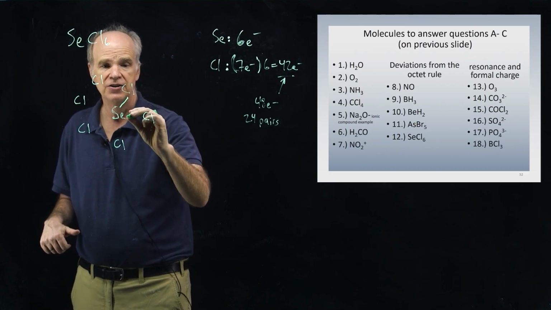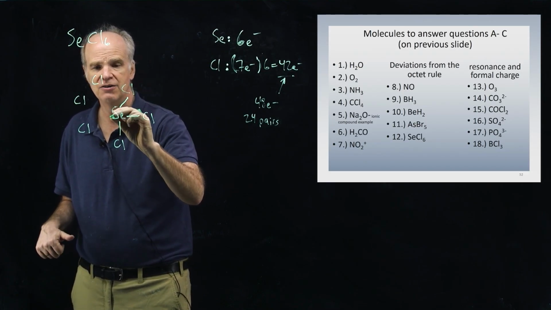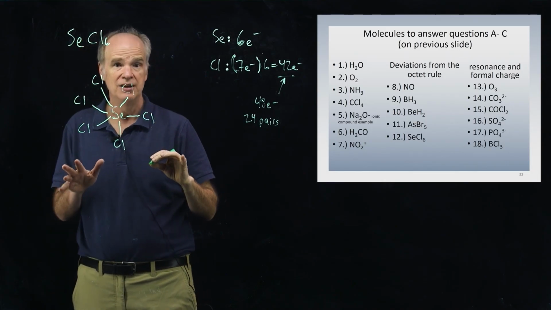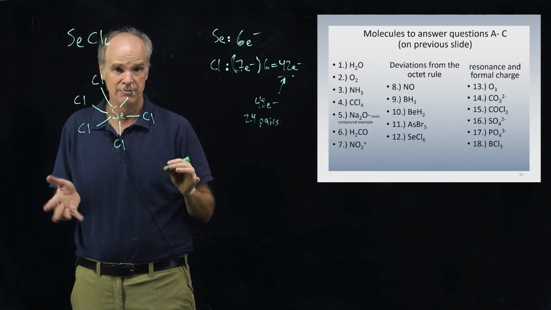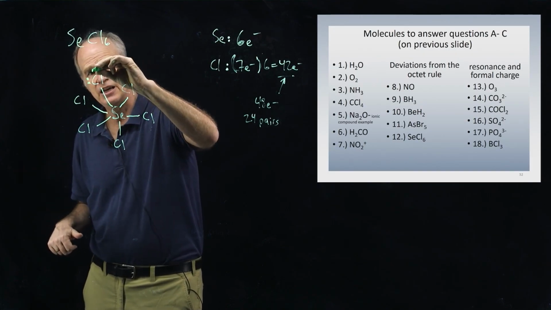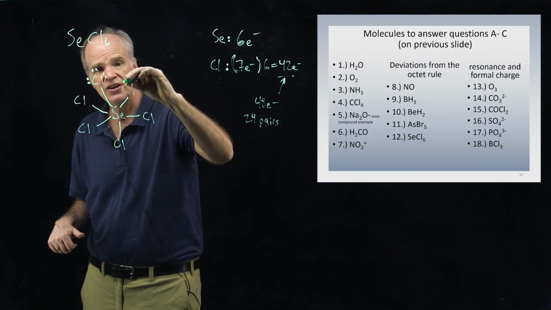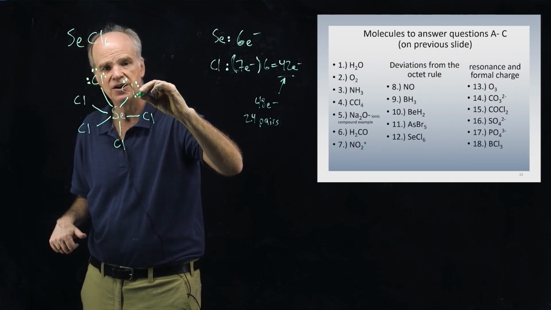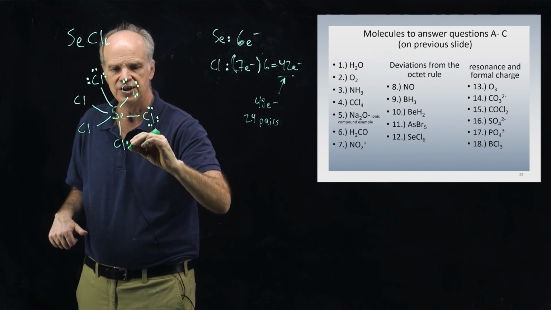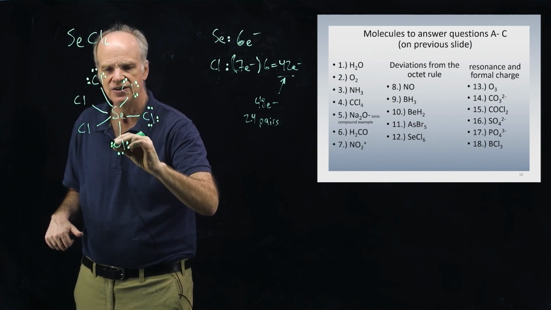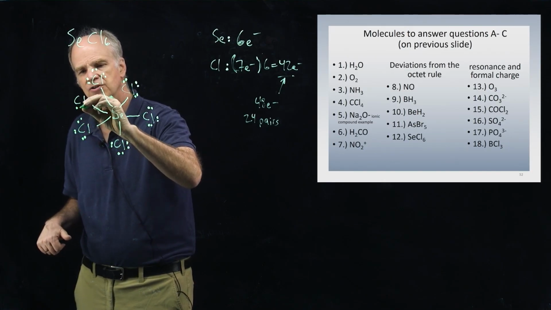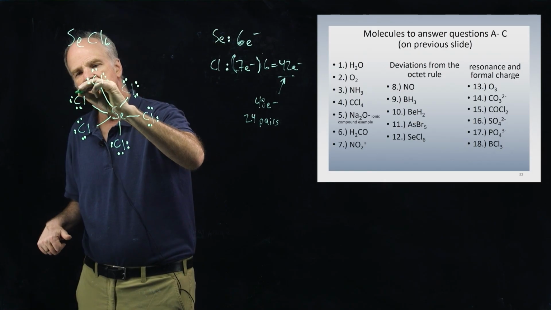First pair, second pair, third pair, fourth pair, fifth pair, sixth pair. Now we put the other pairs as lone pairs around the chlorines. So that's 7, 8, 9, 10, 11, 12, 13, 14, 15, 16, 17, 18, 19, 20, 21, 22, 23, 24.